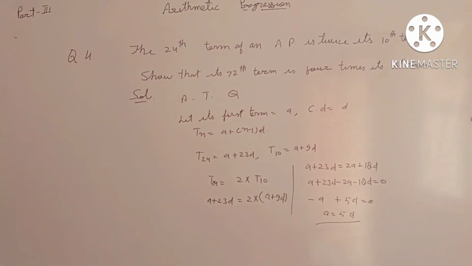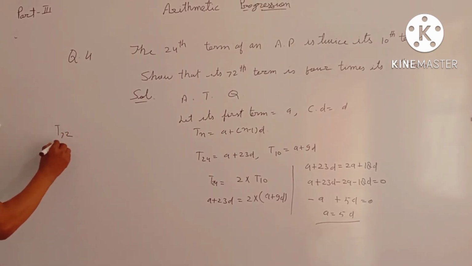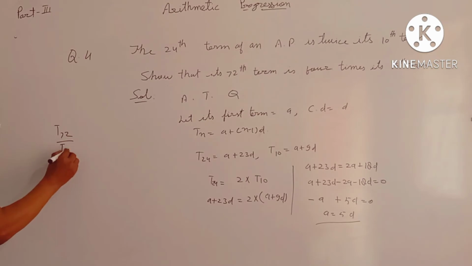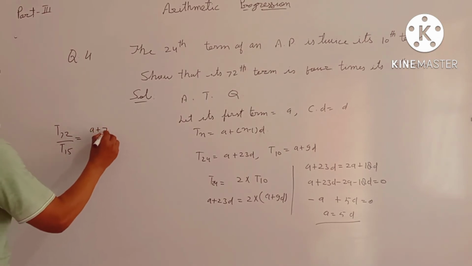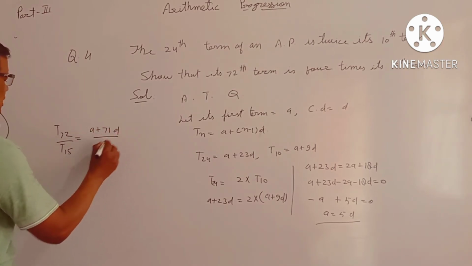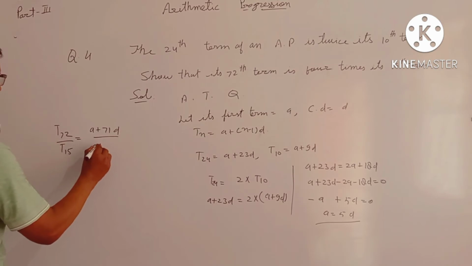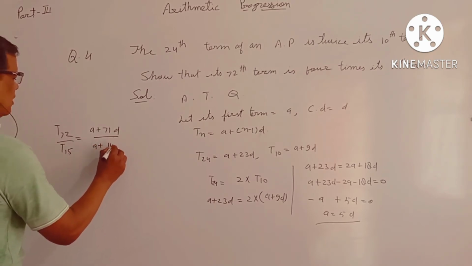Now we are going to prove it, that T72 by T15. T72 will be A plus 71D and T15 will be A plus 14D.